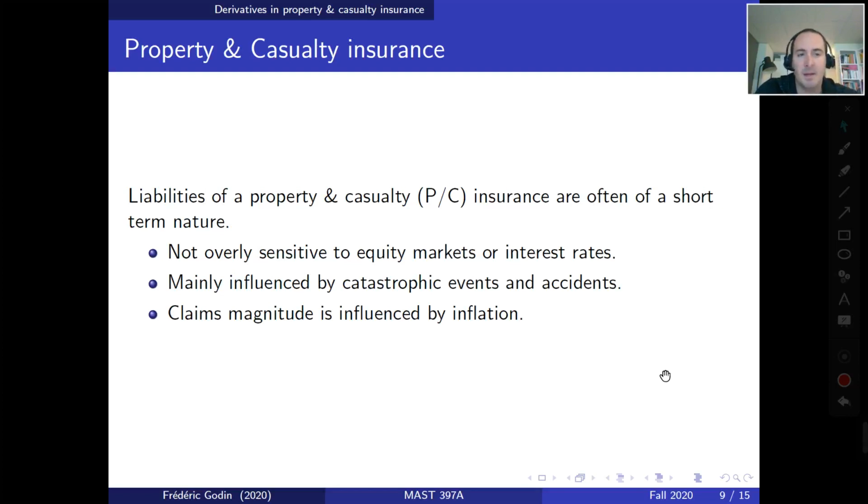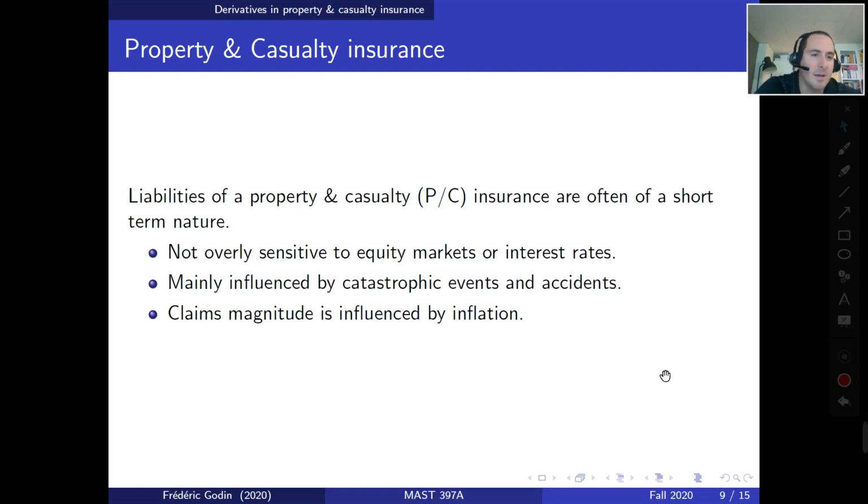So the liabilities are not very sensitive to interest rates, neither to equity markets, because the benefits from the insurance are mainly influenced by accidents, catastrophic events, or something like that, which is not dependent directly on equity markets. Of course there might be some correlation between both.